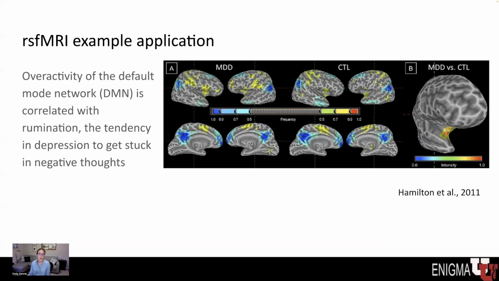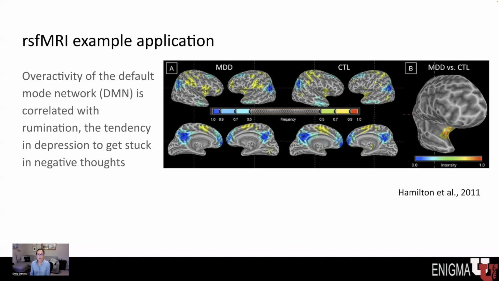And in this paper, they found that overactivity of the default mode network, which we see in these kind of yellow-green areas, comparing people who have depression versus people who do not have depression, was correlated with rumination.